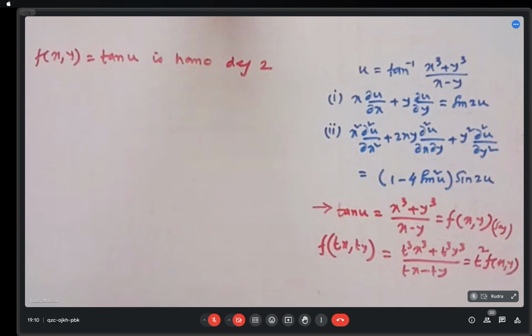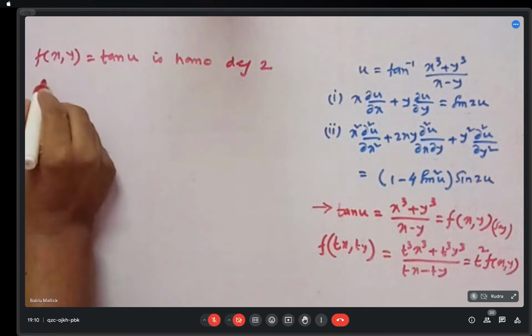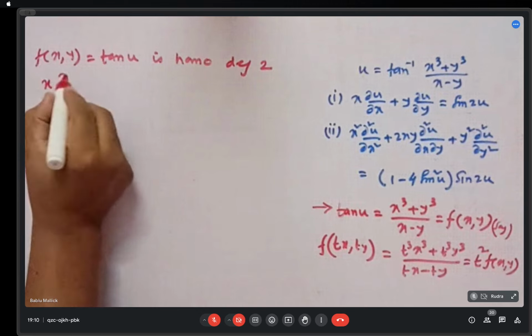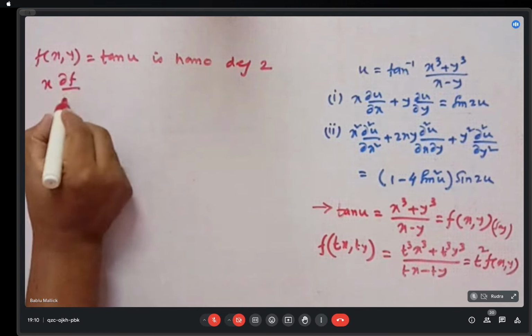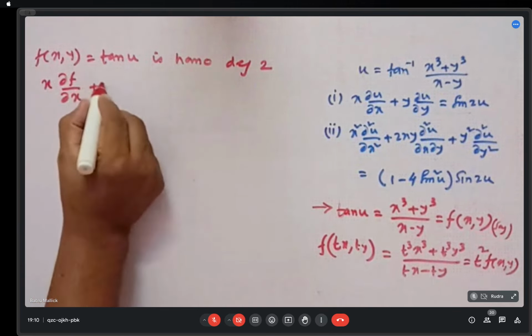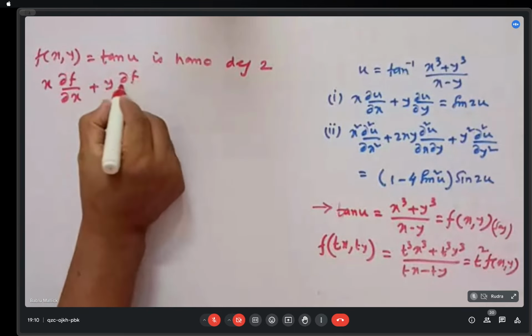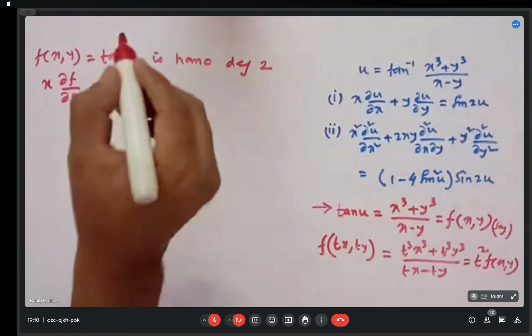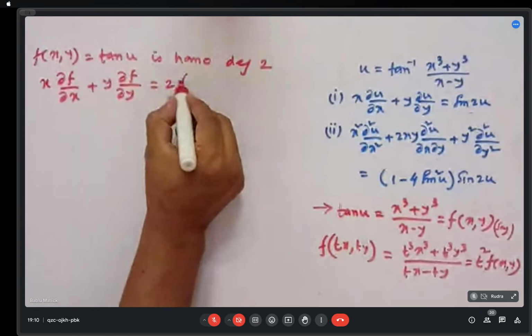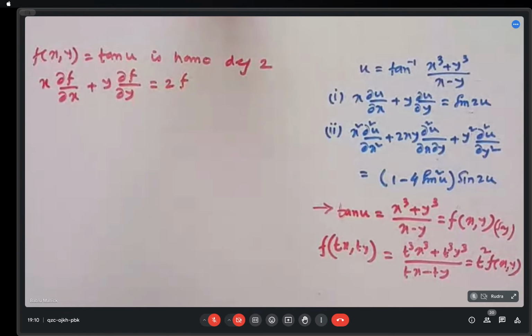Therefore by Euler's theorem we have, f is a homogeneous function, so x into del f del x plus y into del f del y is equal to 2 into f.